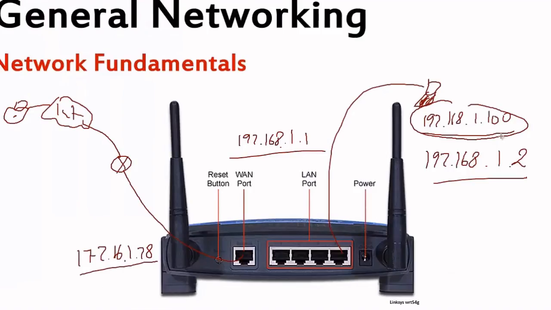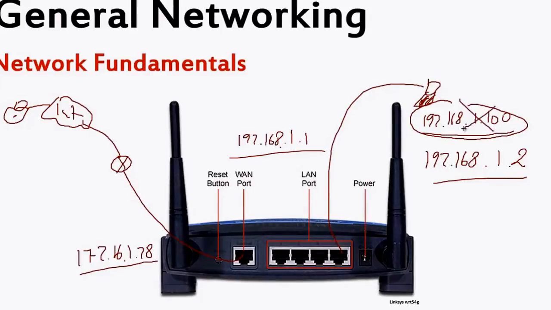Going back to our topology, 192.168.1.2 is our laptop. Public IP address in a way is 172.16.1.28. That's what we are going to type in a browser, or I'm going to open it for RDP, Remote Desktop Protocol.